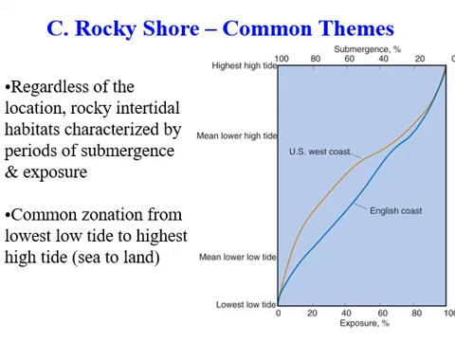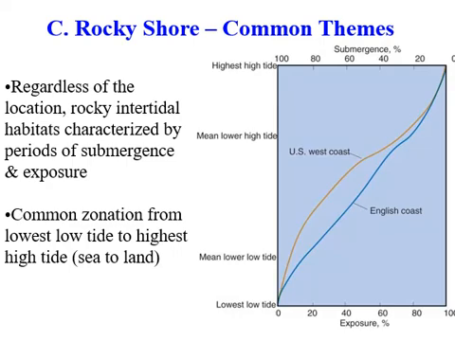So there are organisms up in the right-hand corner of this figure that are hardly ever underwater, and then there are a lot more organisms that are underwater almost all the time. And then when you get down to the lowest low tide, then you're never out of the water. In fact, technically, you're not in the intertidal anymore because you're underwater all the time.